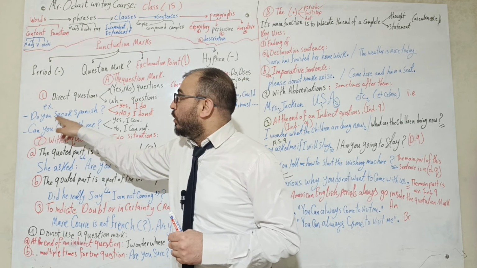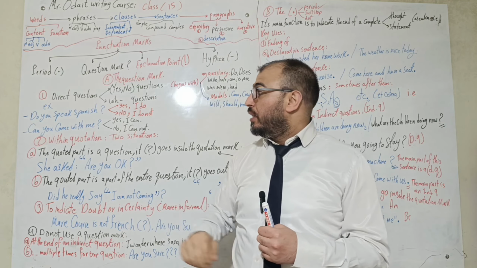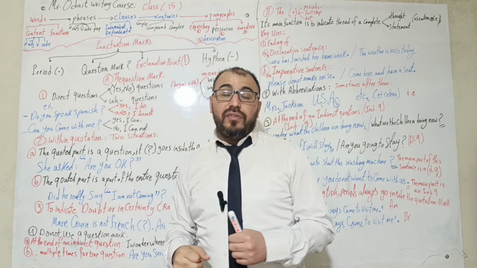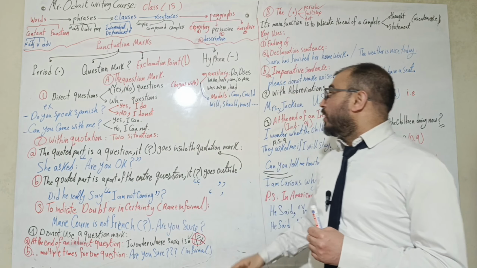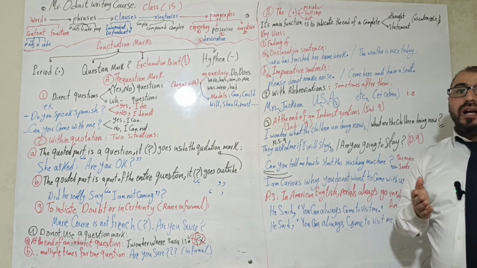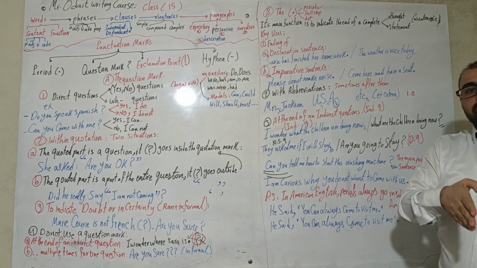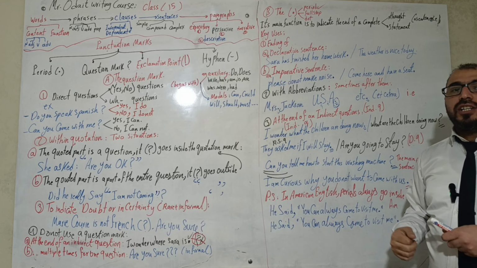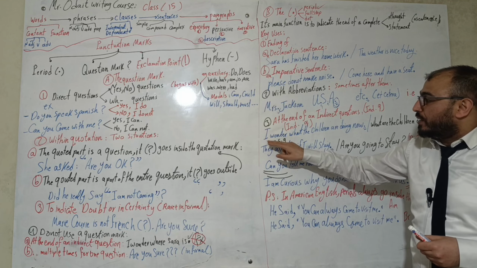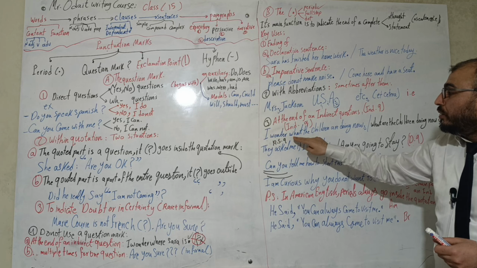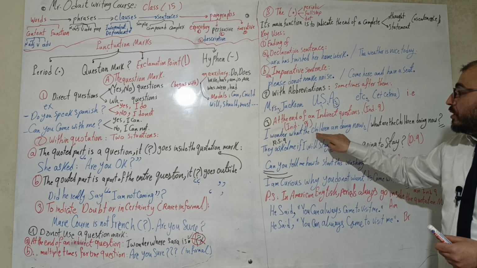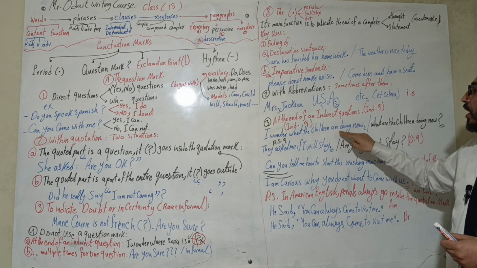Here we say, for example, do you speak Spanish? And I use at the end of this question the question mark, while in the indirect question, I am using, for example, an indirect way to ask someone. Here, for example, we say, I wonder what the children are doing now.